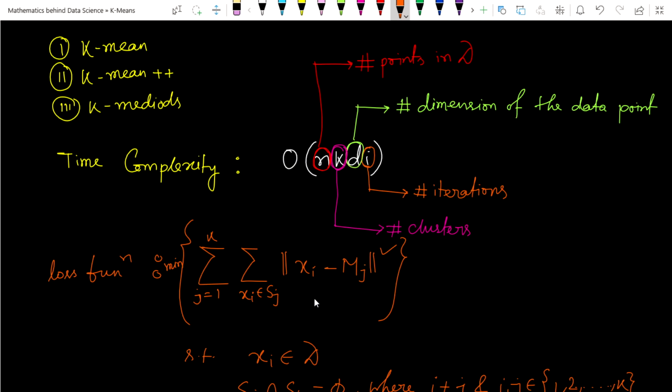Now we have to calculate these things for each iteration. Step by step: to compute the distance for a single point, we need order of d. To compute this for all k clusters, we need order of k d for a single point.